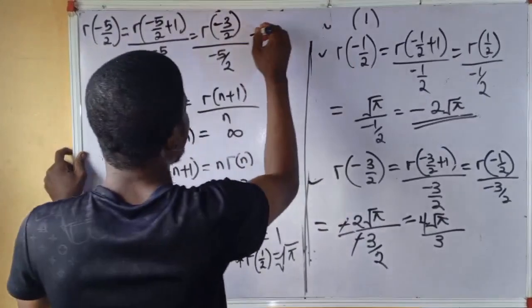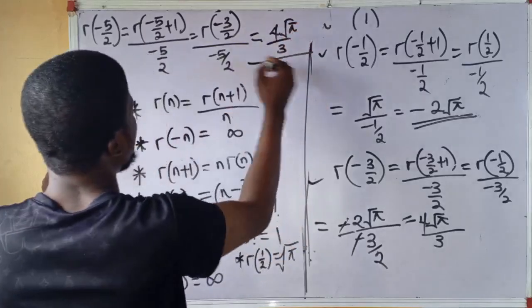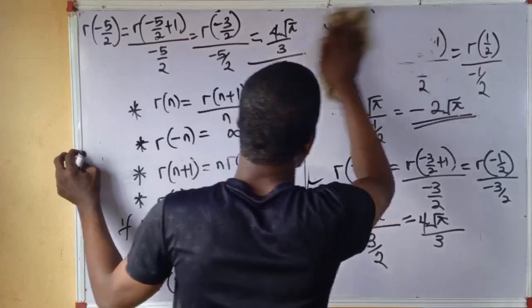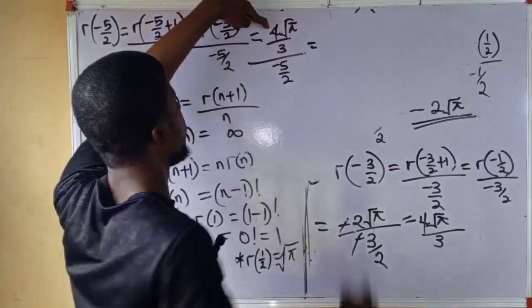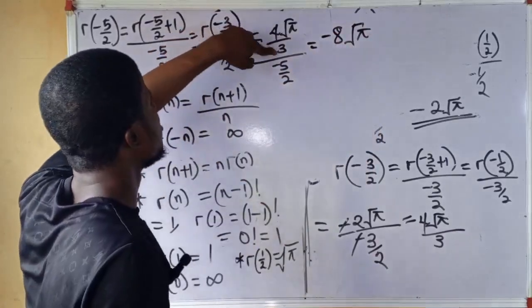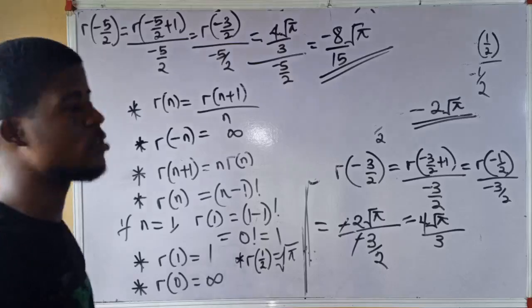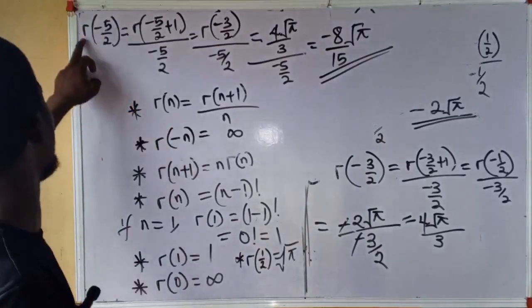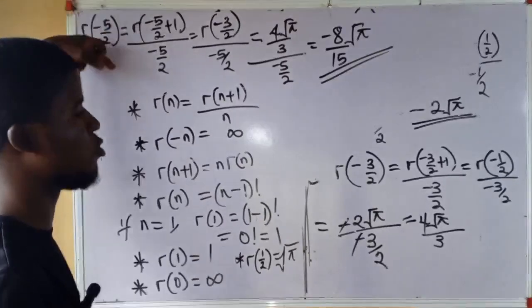So we have 4 root pi over 3 divided by minus 5 over 2. Okay, so what would that give us? These two will go up to multiply this 4, and that will be 8 root pi. Of course, the minus will also go up. Then this 3 will multiply this 5 to give us 15. You get it? So it is minus 8 root pi over 15. So you can go on to determine gamma of minus 7 over 2, minus 9 over 2, and so on and so forth.